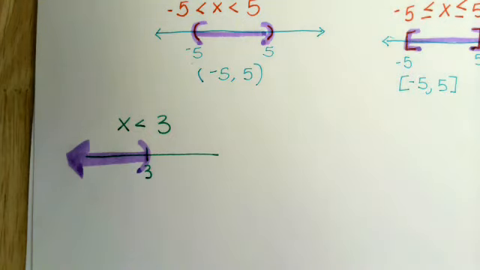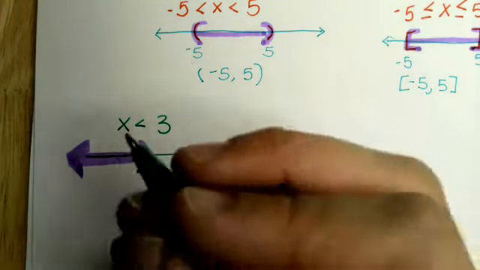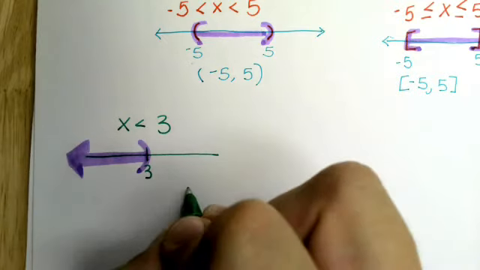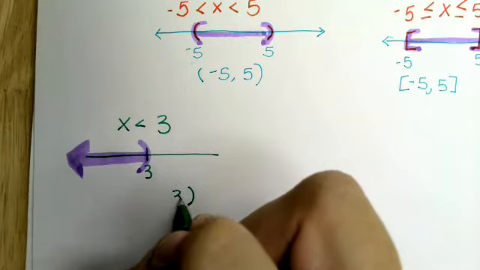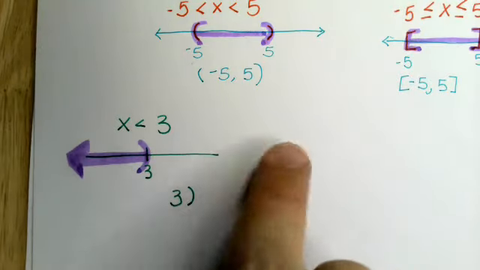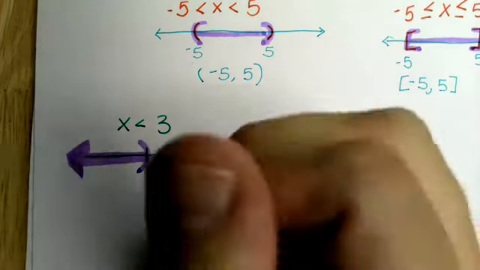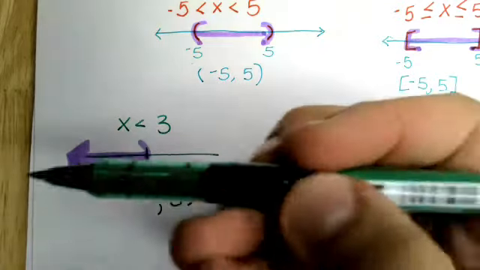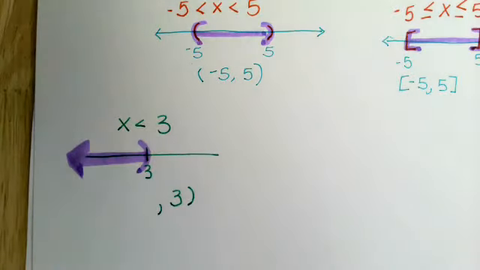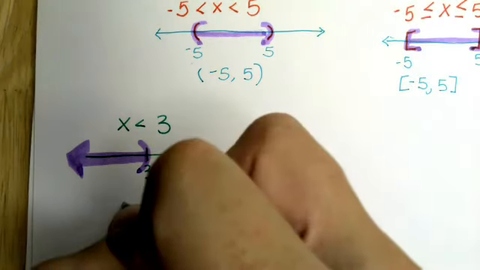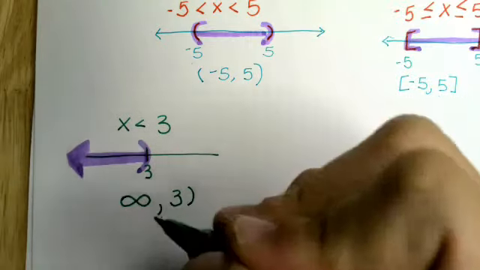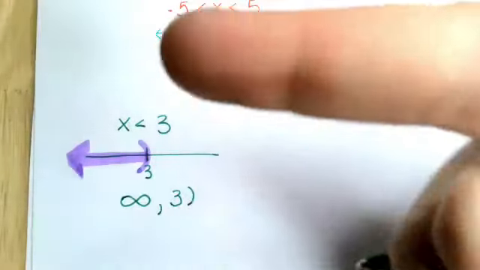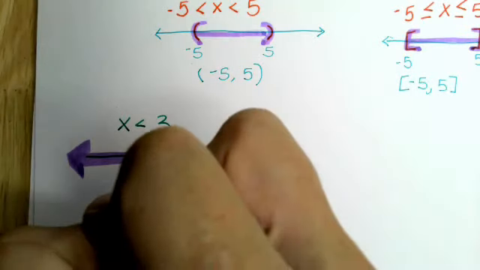And our interval notation for that is parenthesis, just like that, parenthesis. So it ends at 3. It does not go past 3. It does not include 3, but it goes forever this way. What's the symbol for forever? Infinity. And because it's forever, to the left, where everything is less, we say negative infinity.